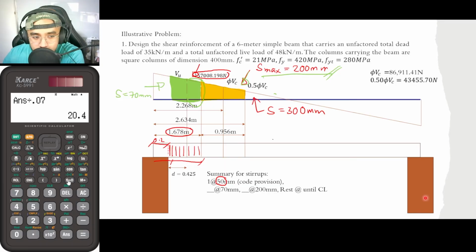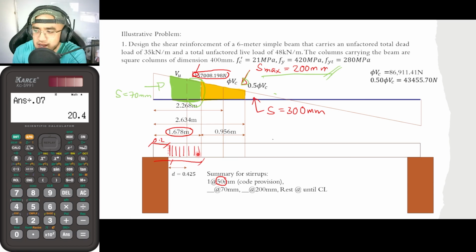Okay, so do we round up or do we round down? If you would be asking me, I would rather say that we would be rounding to the nearest number. Because if we would be rounding up, honestly, it will go beyond this, which is over-design already. If you would be rounding down, it would now go back here. Right?